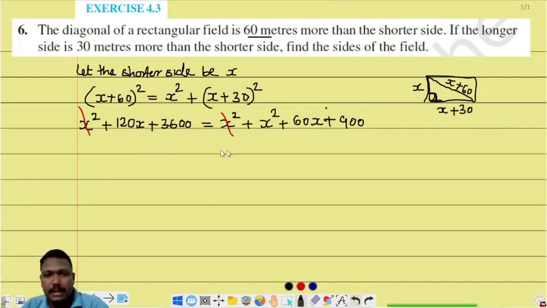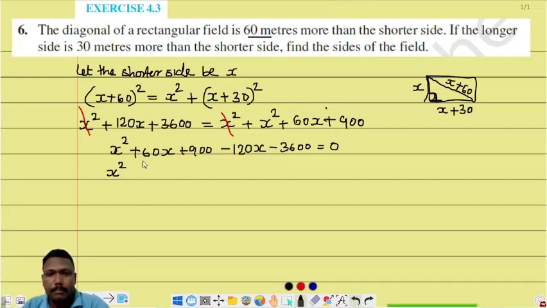The right side I have x squared plus 60x plus 900, minus 120x, and minus 3600, I am taking to this side, is equal to 0.